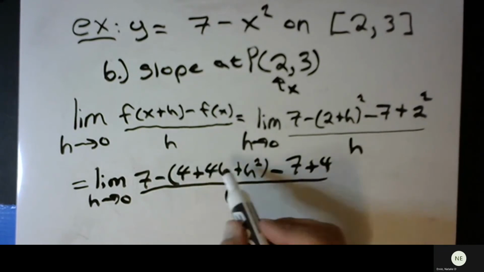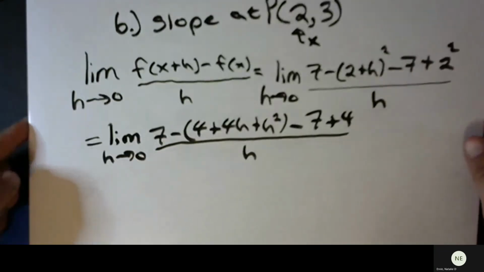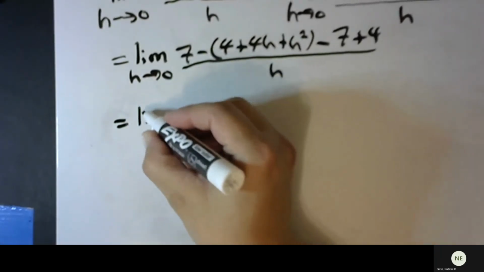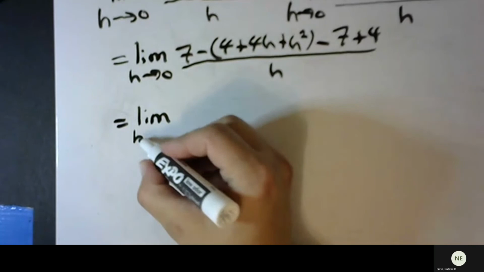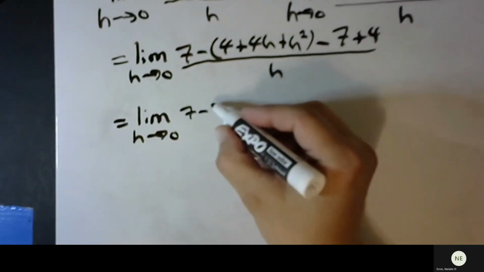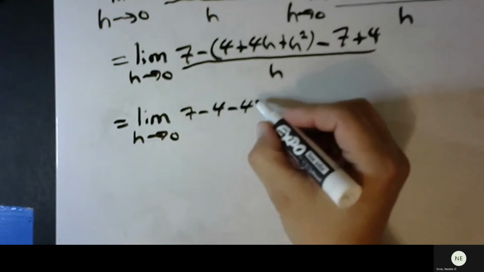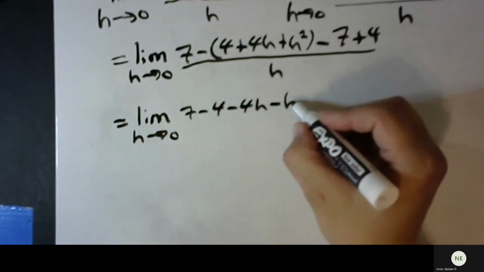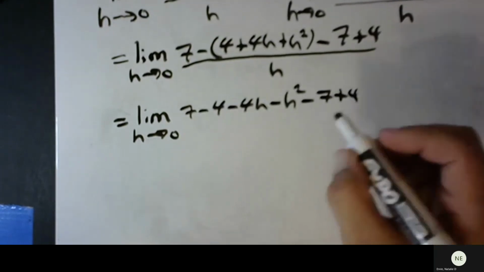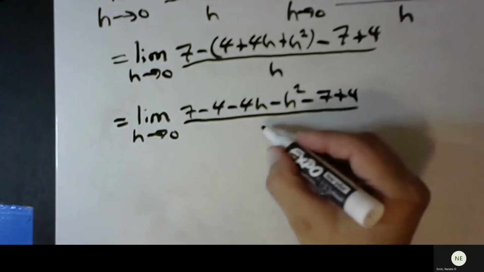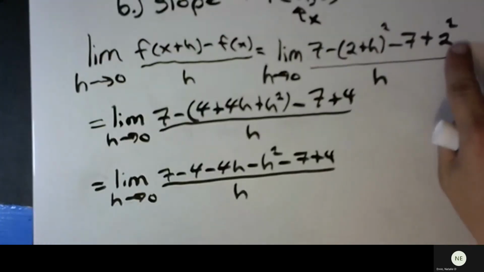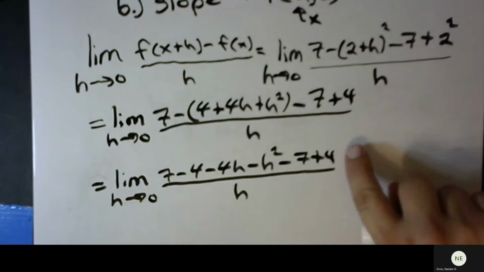And then the minus sign will be distributed. And again, that x squared up here was really a 2 squared, which is our 4.